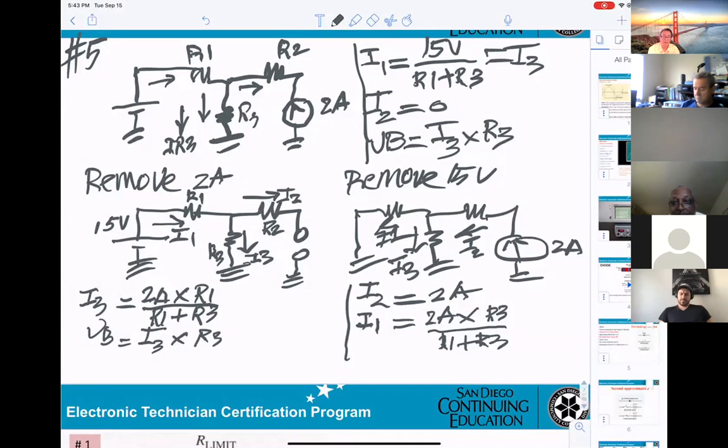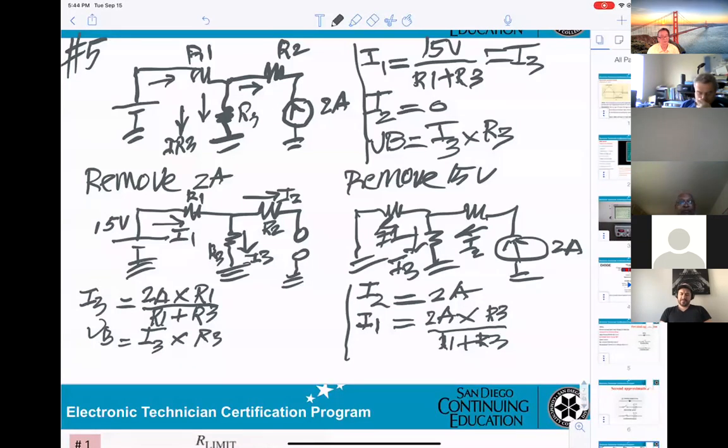Now you're talking about removing what, the 2 amp? No, I didn't say remove anything. They have to be dependent. If you do not remove, you cannot solve it.